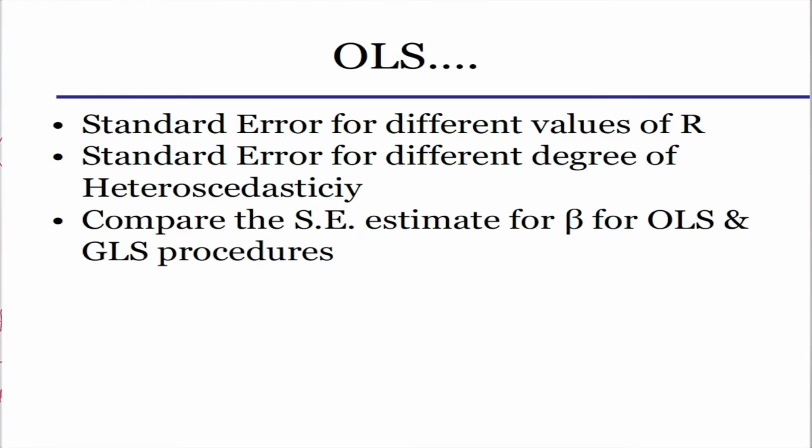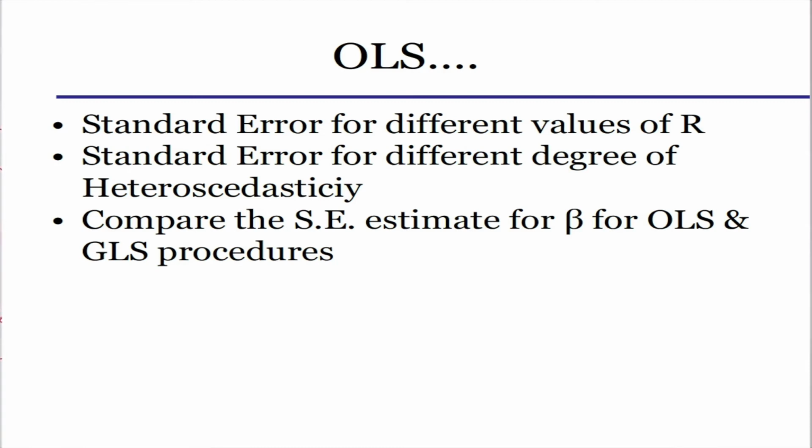OLS is the first model standard error for different values of k. So, the first column gives you the OLS standard error for different degrees of heteroscedasticity. The next column, GLS, gives you the standard error estimate for different degrees of heteroscedasticity.